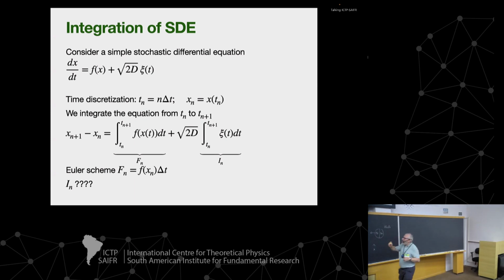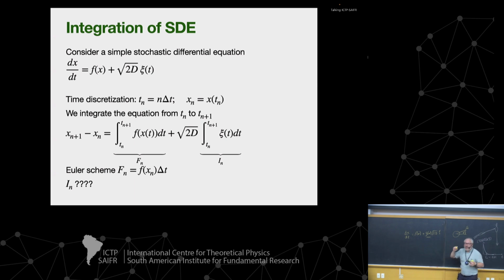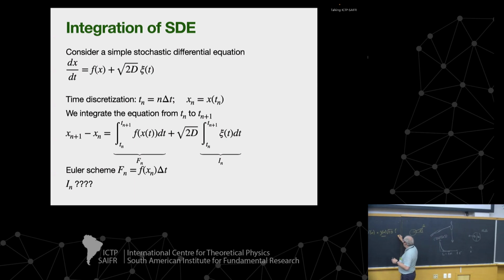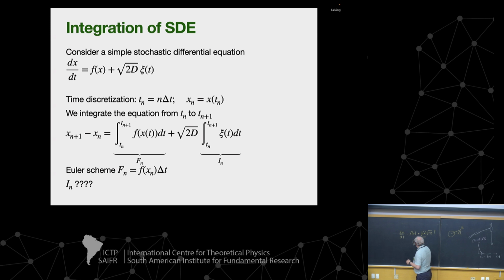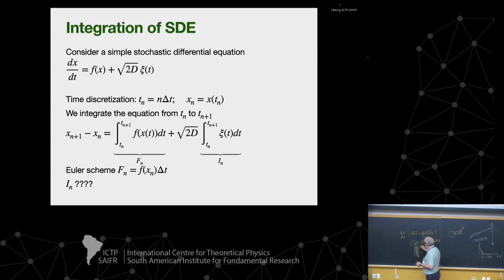The difference here is this G. This equation is much more complicated mathematically because this noise, as I said, is a Dirac delta, like this. If you want to plot it, it's something like this, that every time it takes a different value, but actually it goes to plus infinity and to minus infinity.